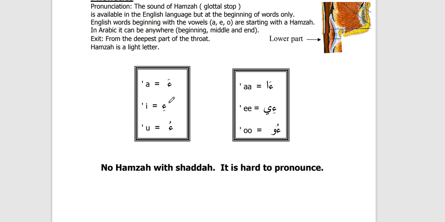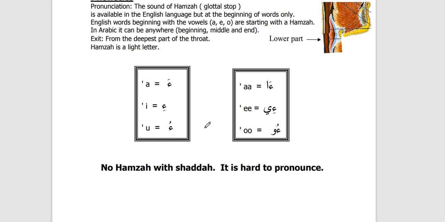Now in this box you can see Hamza with the short vowels fatha, kasra, and dhamma. So you speak a, e, and u. When you say a, e, and u, you can feel a kind of stopping sound, a pausing of the sound.